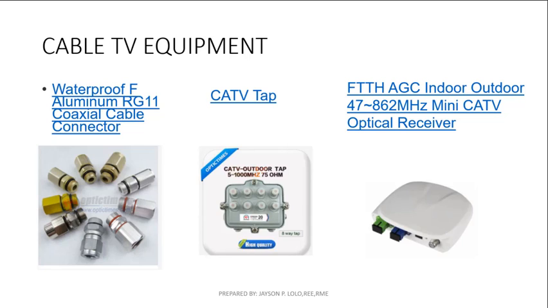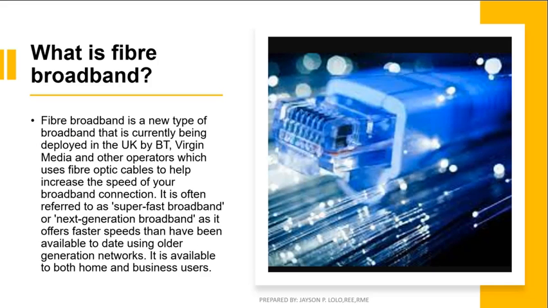So you are already familiar with the fiber to the home or any fiber broadband. So this is the definition: it is a new type of broadband that is currently being deployed first in the United Kingdom by BT, Virgin Media. Okay, you are familiar with the Virgin Media or not? And other operators which use fiber optic cables to help increase the speed of your broadband connection.